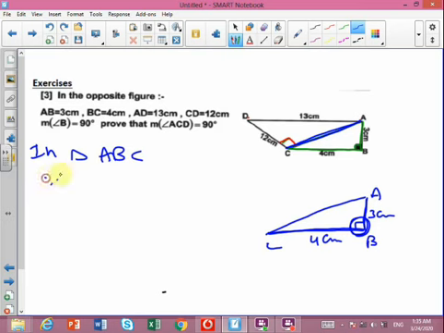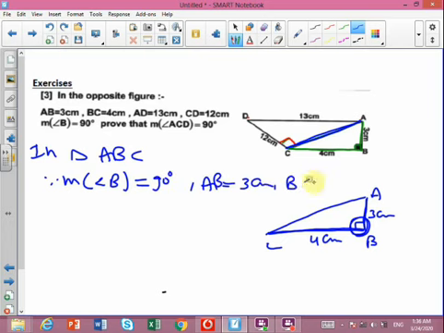Since this is a normal Pythagoras theorem, measure of angle B equals 90 degrees, AB equals 3 centimeters, BC equals 4 centimeters. Therefore, AC square equals what? This is the hypotenuse, the longest side.